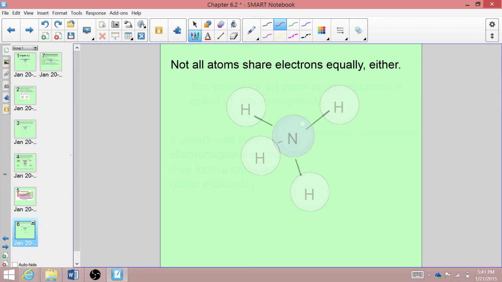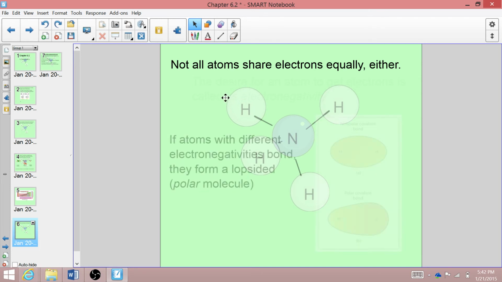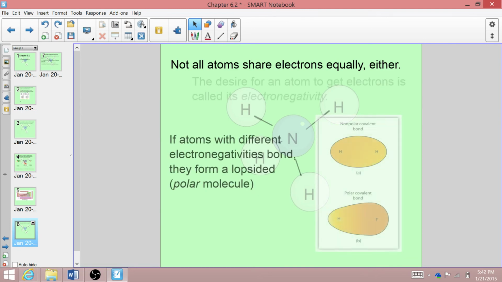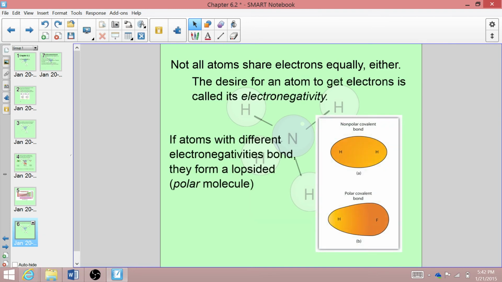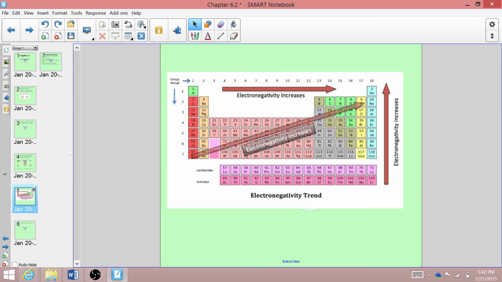Now, not all atoms share the electrons equally either. So not only do we get single, double, and triple bonds, we also get something called polar molecules with covalent bonds. So the desire for an atom to get electrons is called its electronegativity. If it really, really wants to get those electrons to fill its outer shell, it's very electronegative.